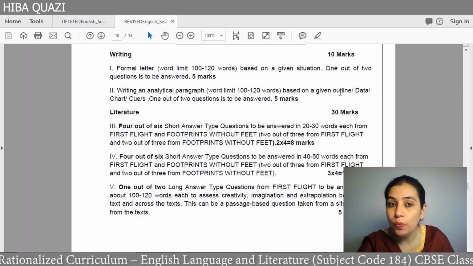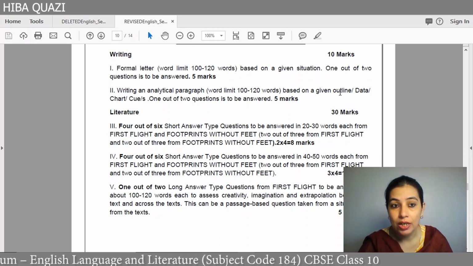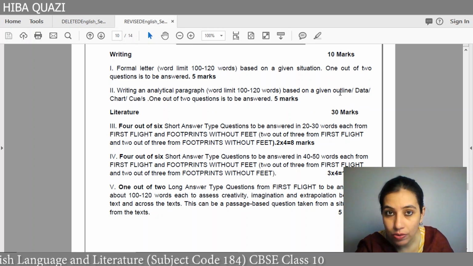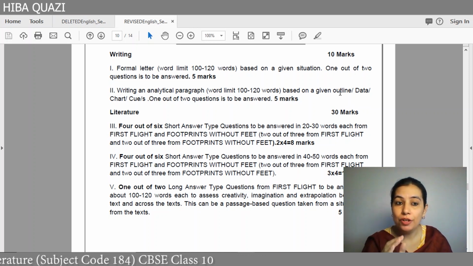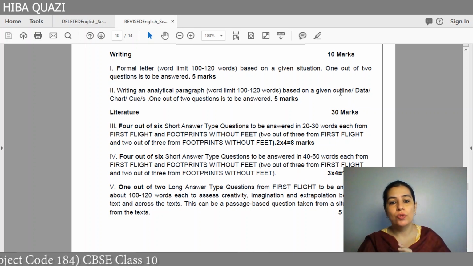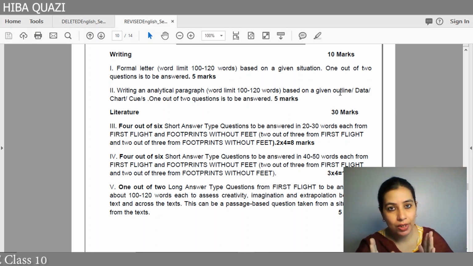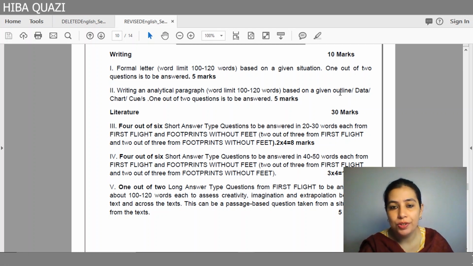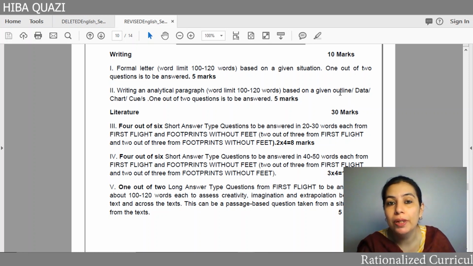Since they haven't used the word business letters, I am not in a position to tell you whether business letters are altogether out, or should we consider that business letters are also part of this formal letter. So right now we take it as formal letter, any kind of formal letter, specifically letter to the editor. Word limit 100 to 120 words based on a given situation. So they will be giving you a verbal cue.